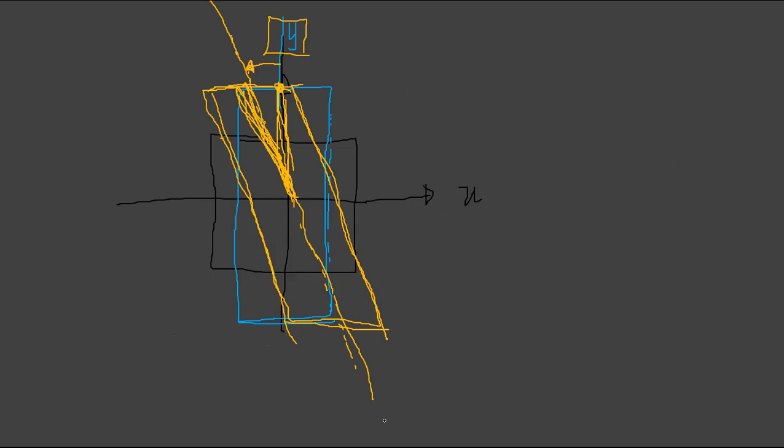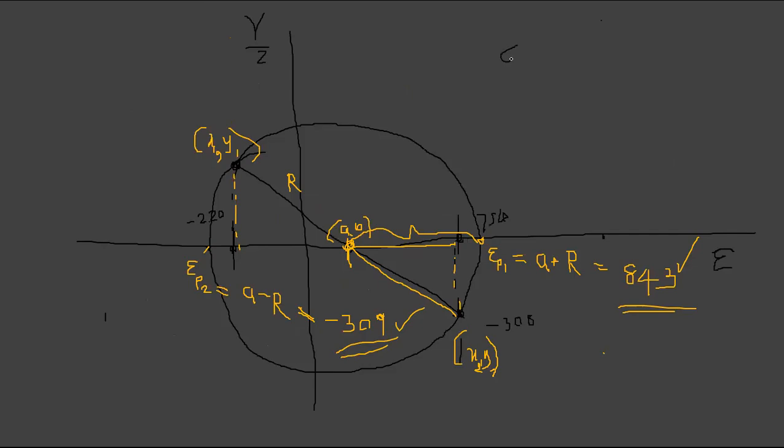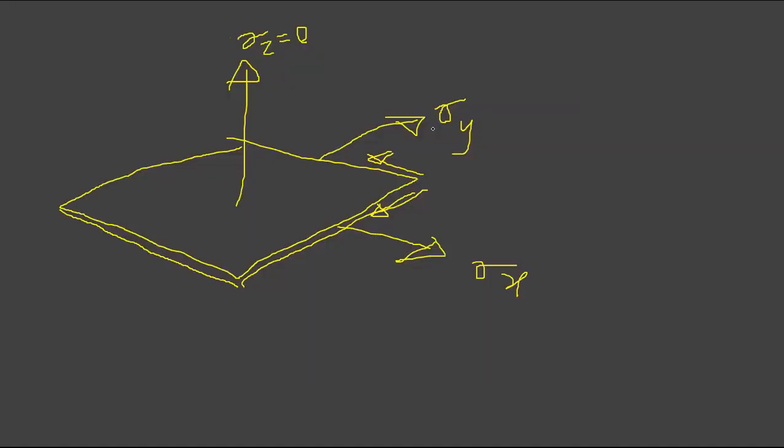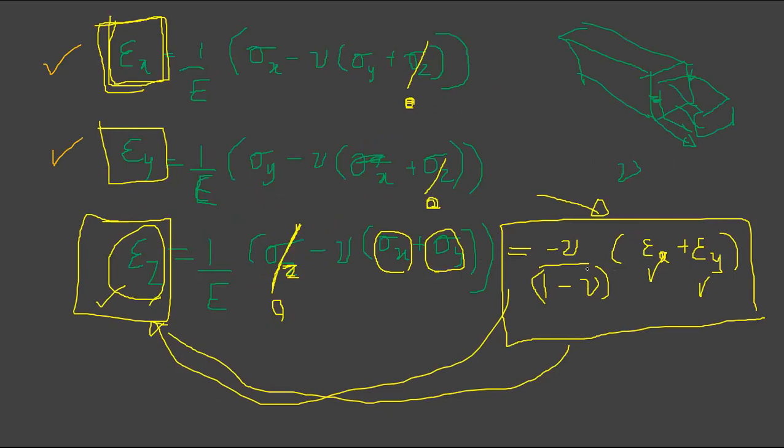So you can go ahead. If you want, you can calculate the out of plane principal strain as well, using this equation. You know the principal strains, 800 and something and 309, and mu is 0.33.